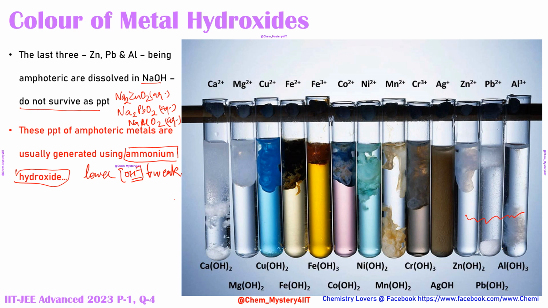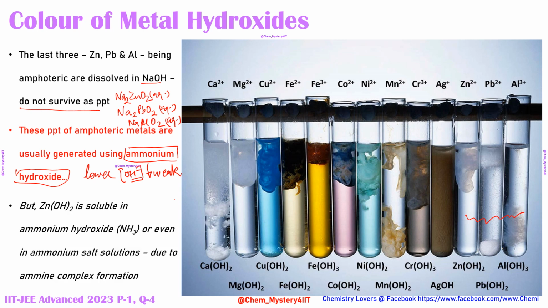Although we are saying in this case, when the precipitate of these is required to be generated, out of these three options available, zinc hydroxide is known to be soluble in ammonia or ammonium hydroxide as well. And the reason is that it forms a complex, as we see with a number of other transition elements, or in fact d-block elements.